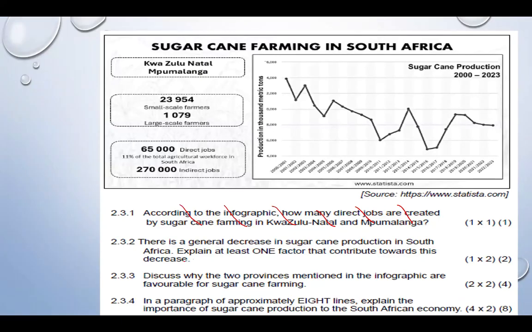What does this question want? This question wants the factors that hinder sugarcane farming. What I like about this question is that it is not specific to any factor in particular, be it environmental, social, or economic. You just want to explain at least one factor that contributes towards this decrease. Number one, we can look at the social factor.